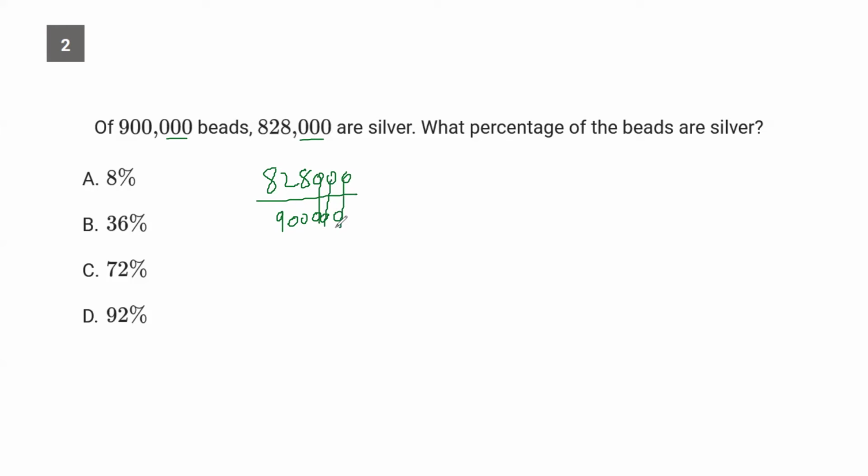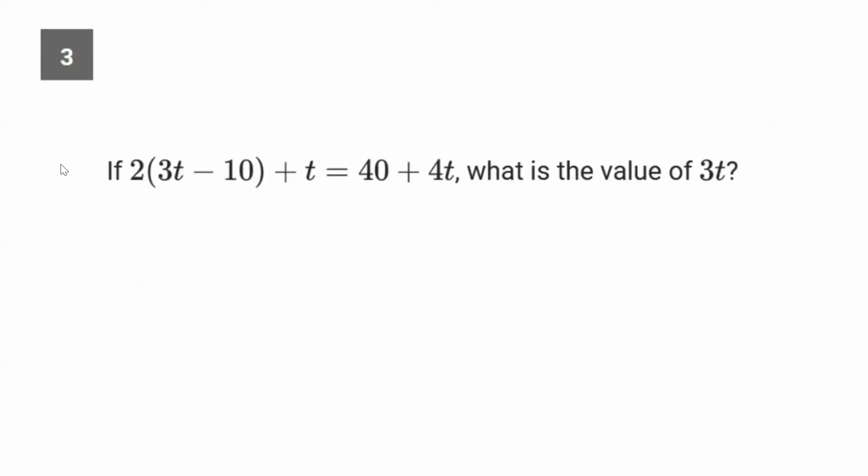But if you know that already, you wouldn't have to write that out in your calculator. You plug it in and you find that you get 92 over 100, which is 0.92, which is 92%. Okay, and you can do that one in your calculator. If you see the pattern is that they're both divisible by 9, you could have done that too, but it's okay if you don't see that one. 828 divided by 9 is not an easy thing for most people, and the calculator can help there.